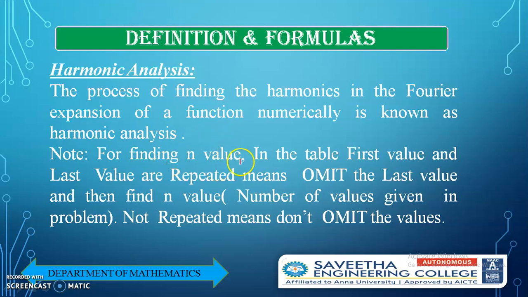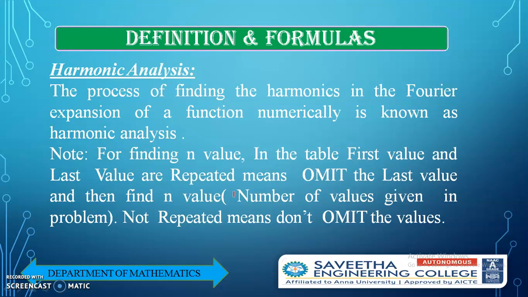A very important note for finding the n value from the table: if the first value and last value are repeated, omit the last value and then find n. For example, for the given function y, 7 values are given. The first value is 1.2, the second value is 1.4, then 1.5, like that.